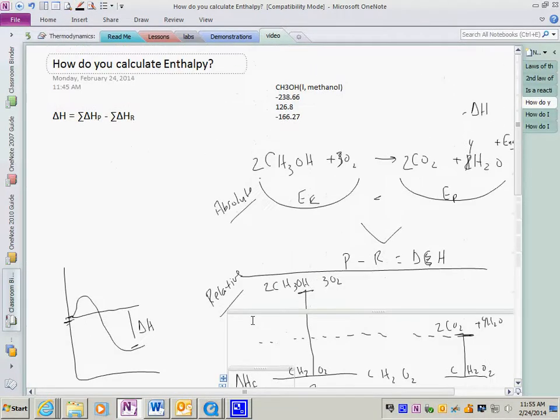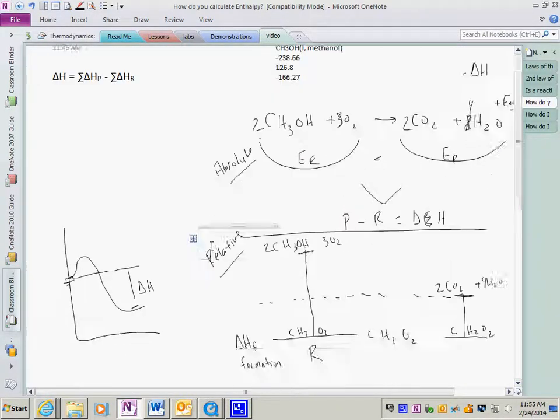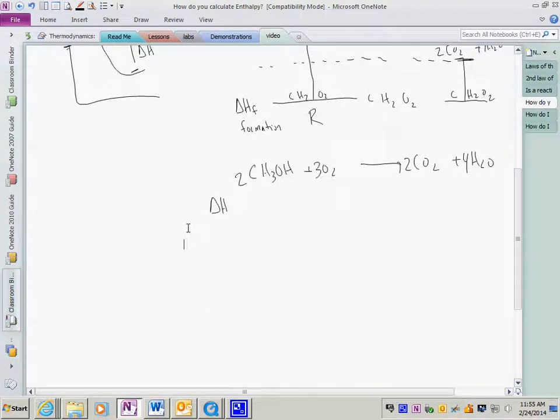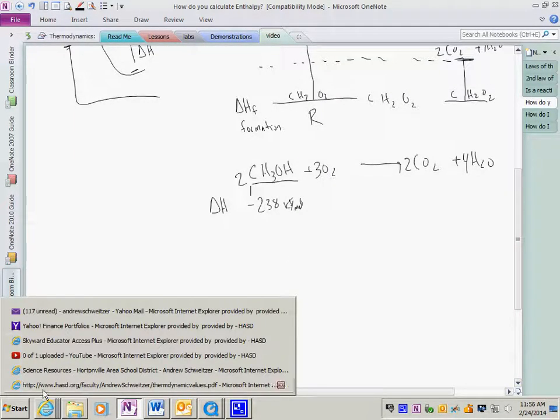Now, I wrote that the methanol already was negative 238. I'm just going to use the whole number, negative 238. Okay, it's in kilojoules per mole. That means it takes that much energy to go from carbon, hydrogen, oxygen to this guy. All right. Now that's for 1 mole. I'm using a 2 mole basis, so I'll need to double that eventually. But let's find our other values. I need oxygen, and it's going to be right here.